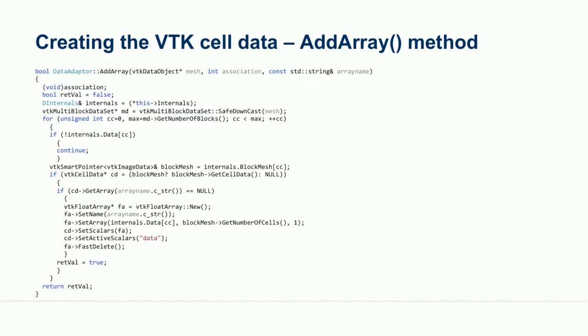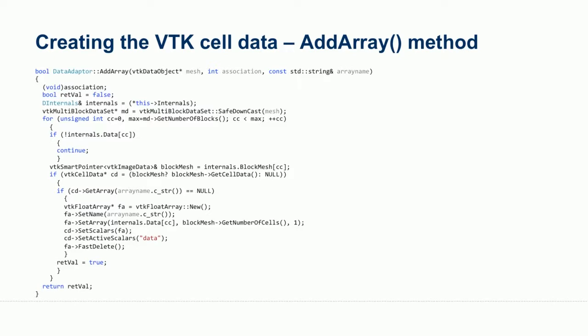Cell data is a container of VTK arrays, and it's a dictionary from strings to arrays. So we're going to try and get the array. And what this check does is says, okay, if the array is already in the data set, then we skip it.